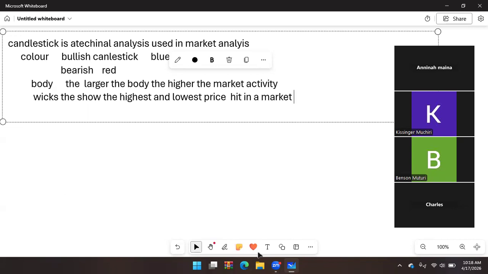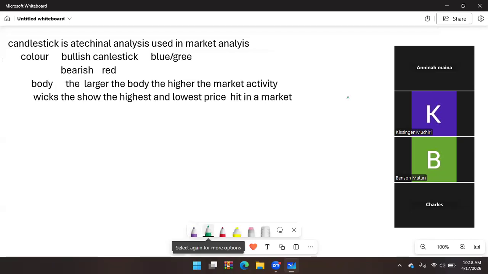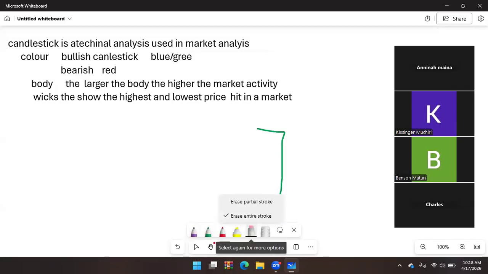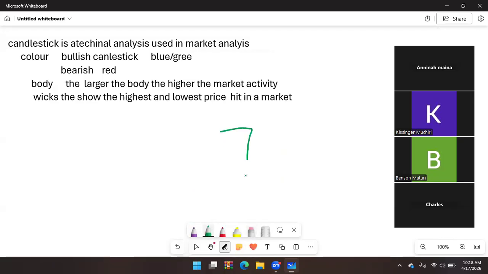Now, a candlestick normally looks like this. Here, this is the body.